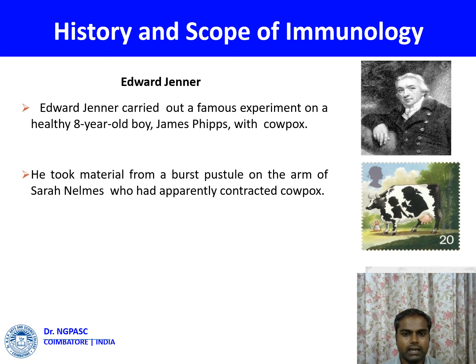Edward Jenner carried out a famous experiment on a healthy 8-year-old boy, James Phipps, with cowpox. He took the lesion material from the cowpox lesion on the boy's body, and he made it into a vaccine, converted it into a different form, and used it to treat the cowpox disease.